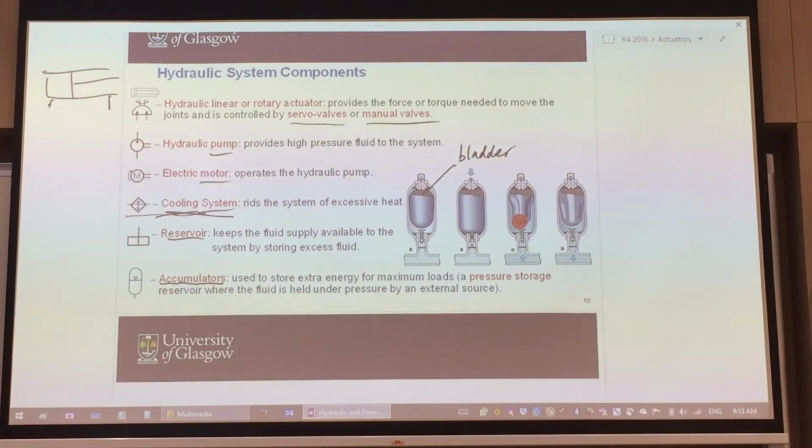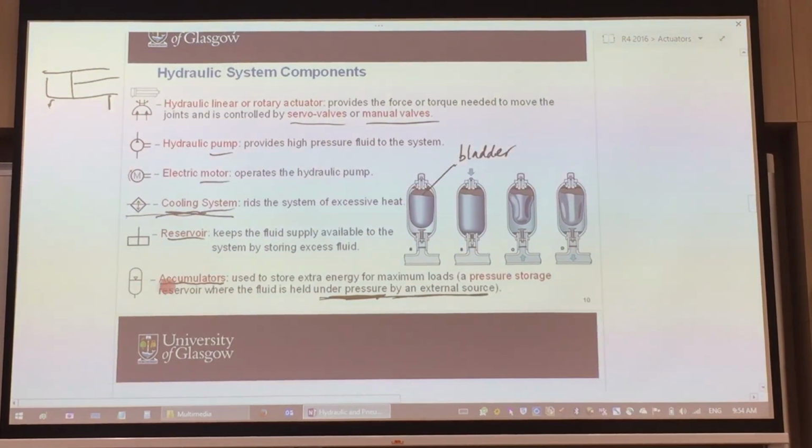So that's the job of the accumulator. If there is a drop in the system pressure line, and pressure is demanded because you need to lift a heavier load, this bladder will start to expand out, and then it's able to supply that constant amount of pressure to your hydraulic line, so as to hold it under pressure from the external source.